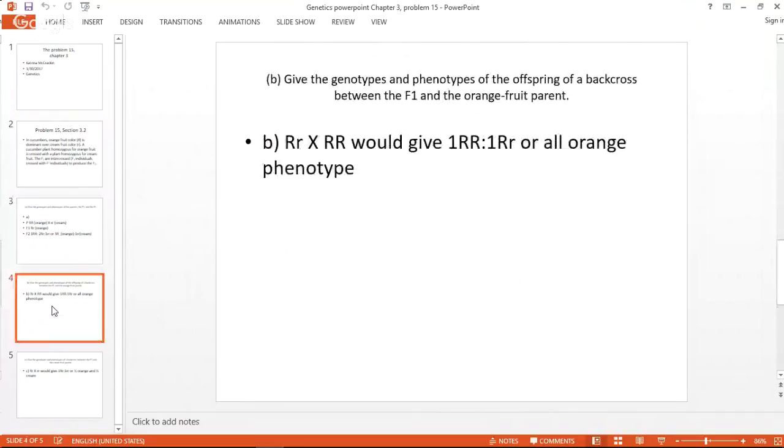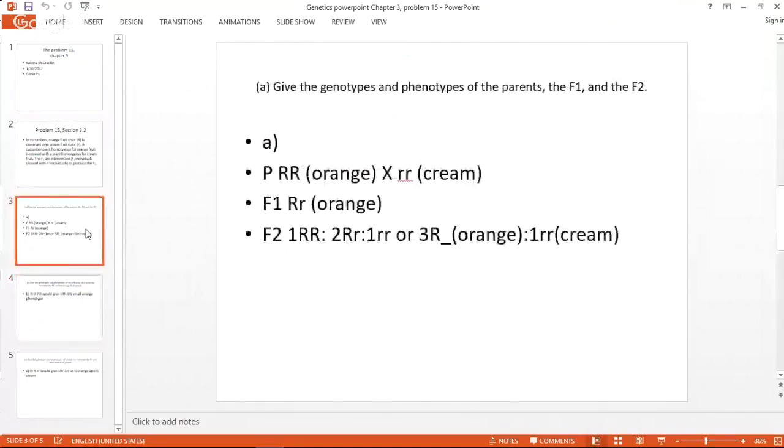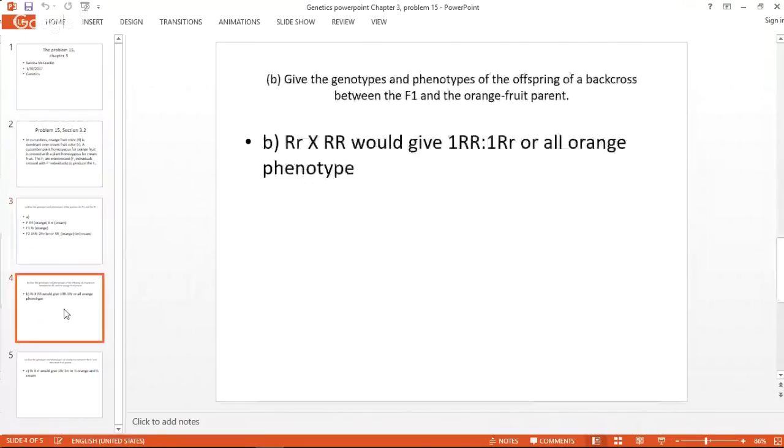The next part of our problem asks, give the genotypes and phenotypes of the offspring of a back cross between the F1 and the orange fruit parent. Remember from our previous problem, the F1 is big R, little r, and that phenotype is orange.